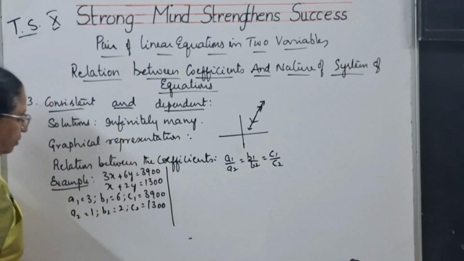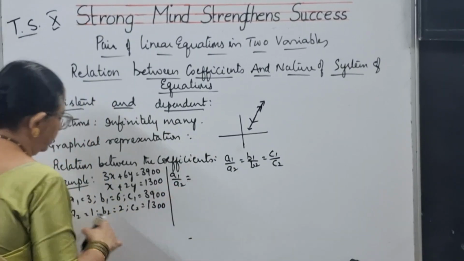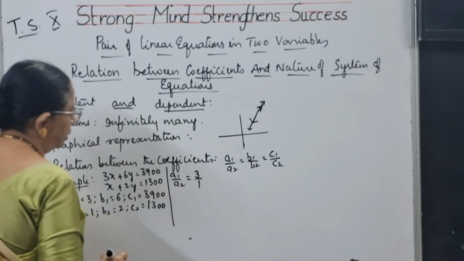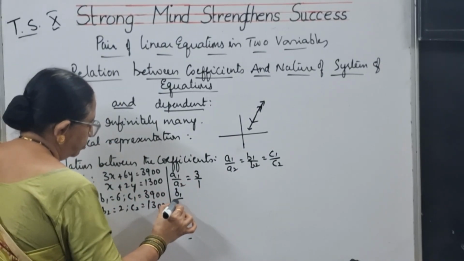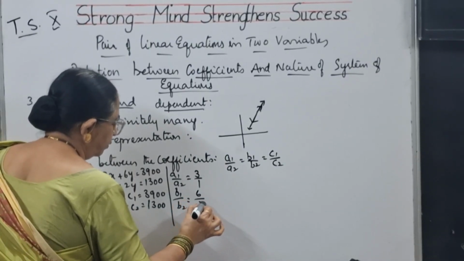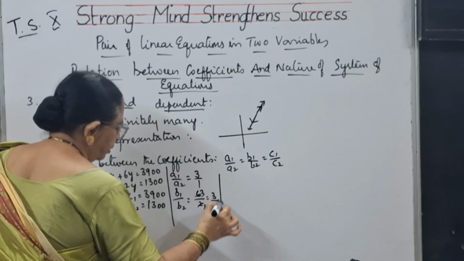Now let us go for a1 by a2. a1 is 3 by 1. Now b1 by b2, that is 6 by 2. 2 ones are 2, 2 threes are 6, so this is also 3 by 1.